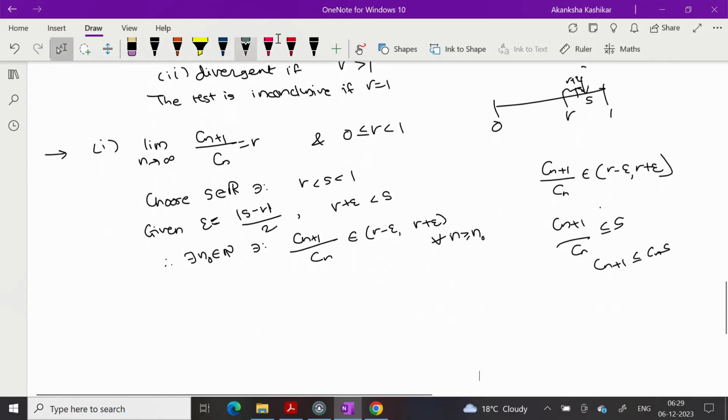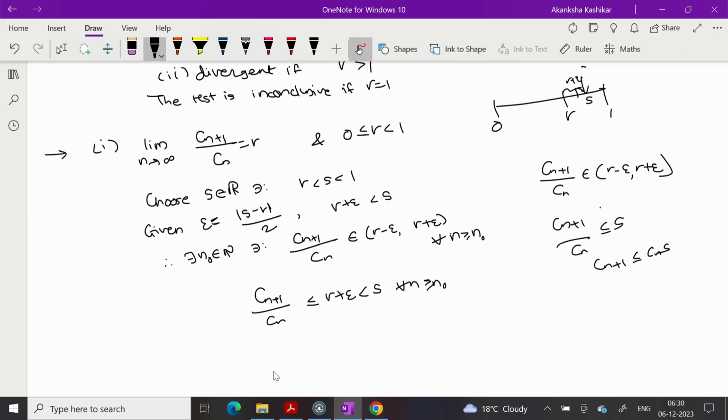Which means Cn plus 1 by Cn is less than or equal to r plus epsilon for every n greater than or equal to n naught. And we have chosen epsilon in such a way that r plus epsilon is less than s. Therefore, Cn plus 1 is less than or equal to Cn s for every n greater than or equal to n naught.